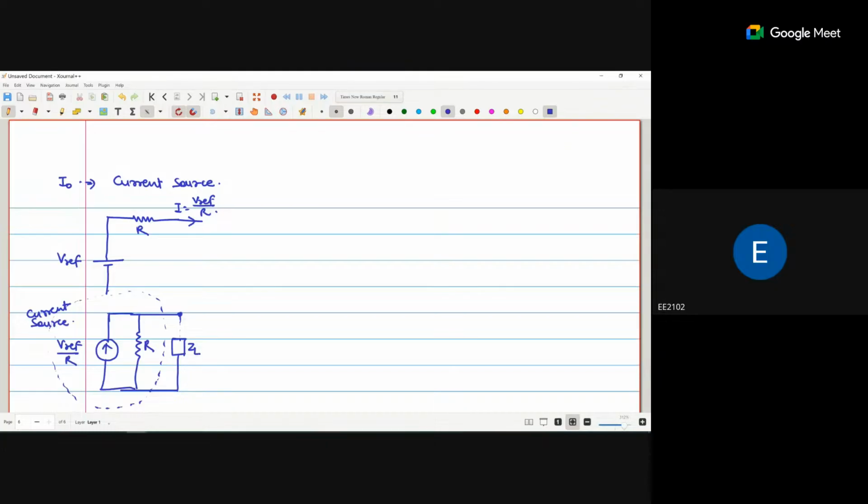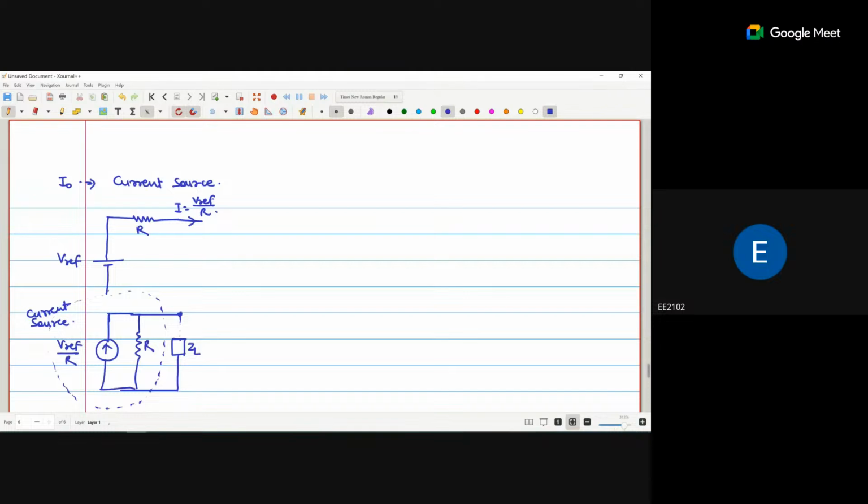Now the point is that every current source has an internal resistance in parallel. So that particular R shows the internal resistance of the current source.